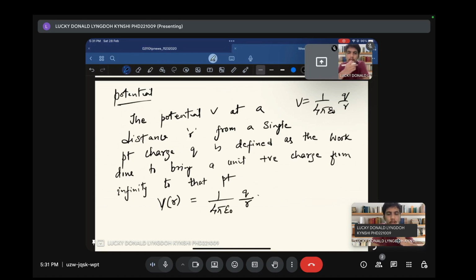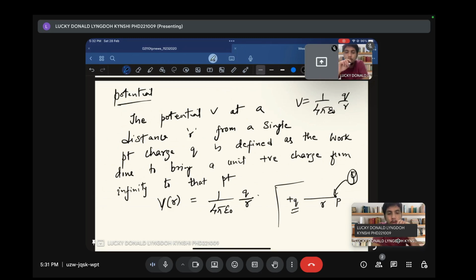Let's say you have a point charge plus q, and suppose this is the point p at a distance of r. What is the potential at the point p from this charge plus q? It is defined as the amount of work done in bringing a unit positive charge from infinity to this point.